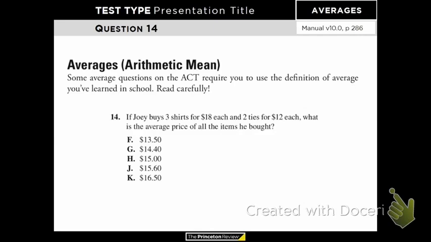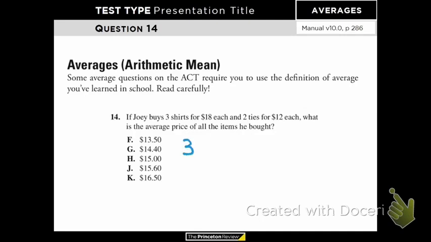So the first thing they look at is averages, or the mean. Remember that to find the average or the mean, you add up your total amount and divide by the number of things. So for number 14 here, it says if Joey buys 3 shirts for $18 each and 2 ties for $12 each, what is the average price of all the items he bought? So we need to add up to figure out how much total he spent.